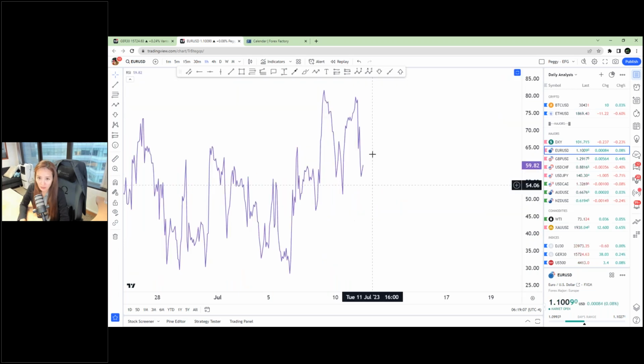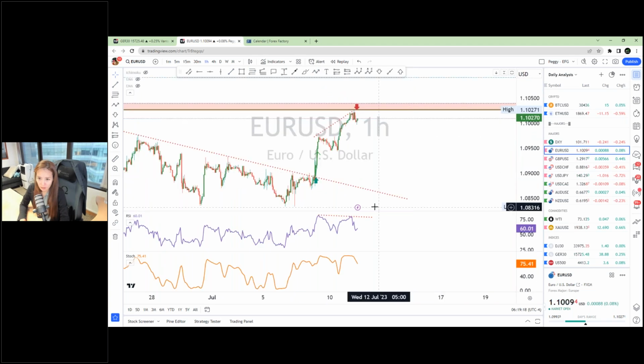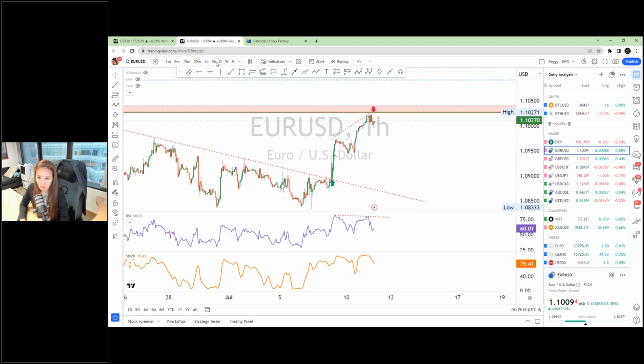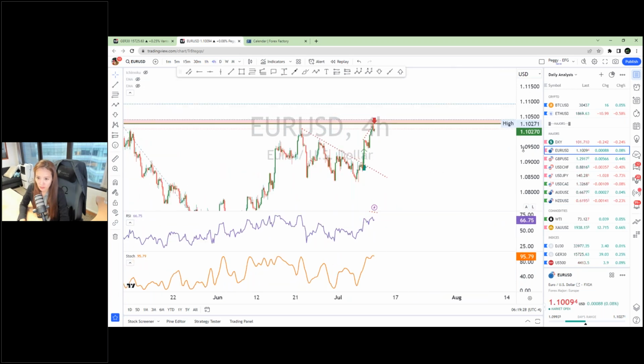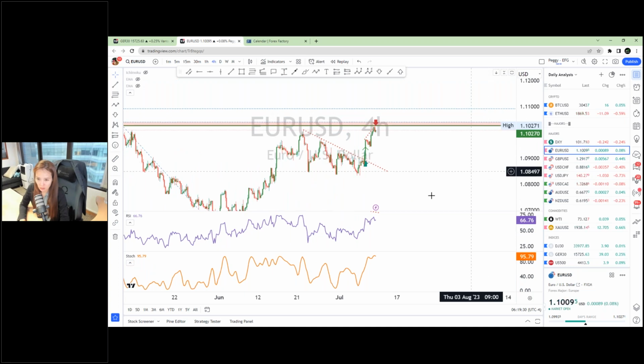You have to double click and make it big, and then you see this bearish divergence here in H1. I don't know how far it can go, but price is at our resistance in H4.